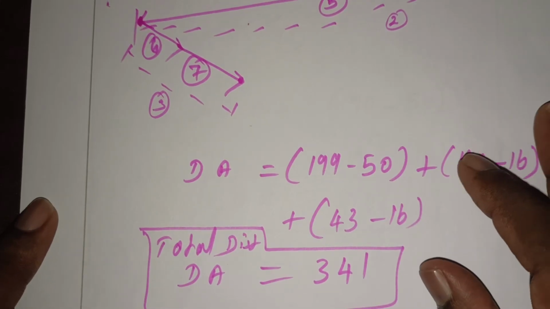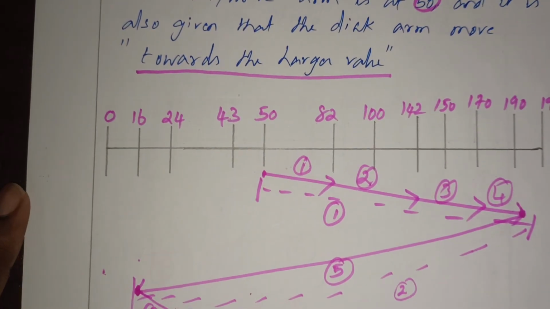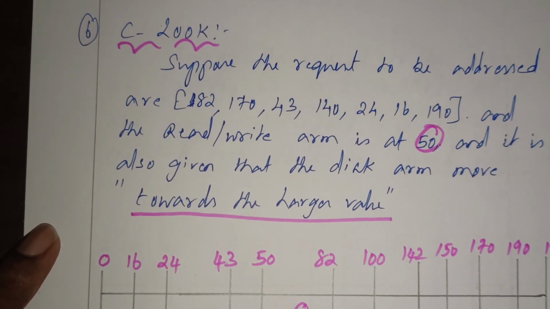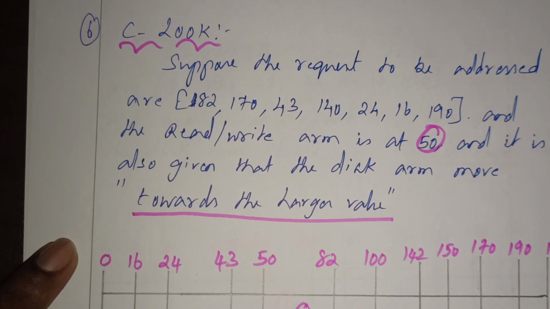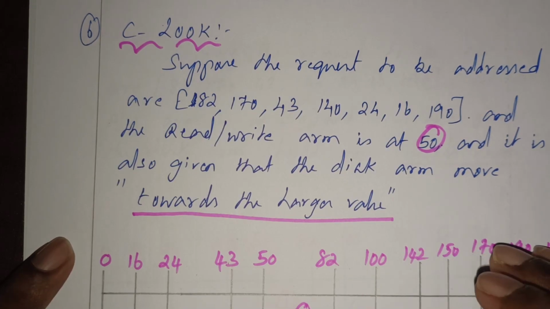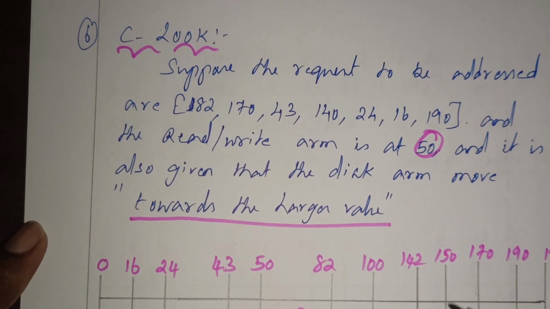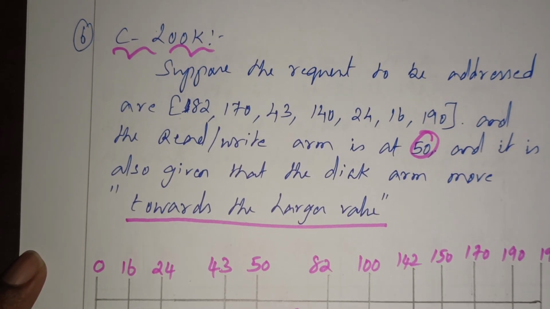If it is shorter, that algorithm is chosen as the best algorithm for accessing data in disk scheduling. We also have random scheduling, last in first out, N-step SCAN and F-step SCAN, but up to this particular algorithm we have discussed how disk scheduling algorithms actually work. I hope you understand how the C-LOOK algorithm works.